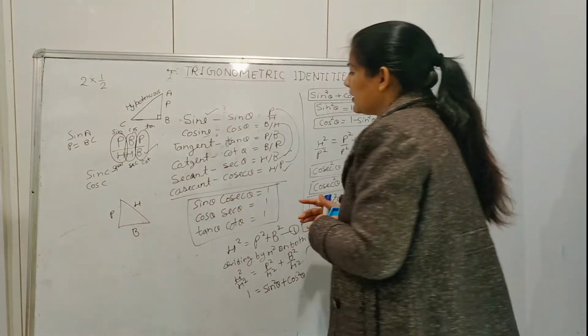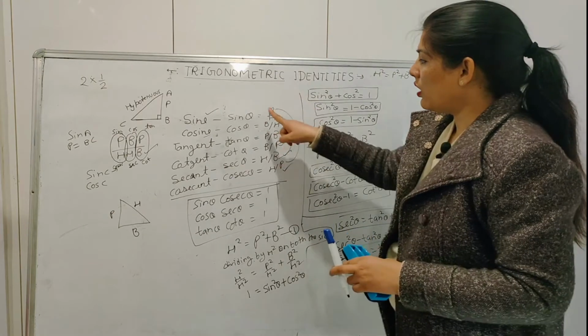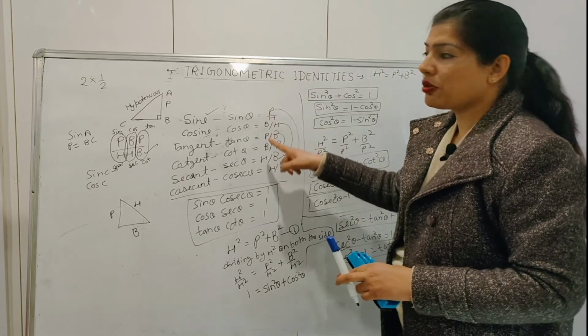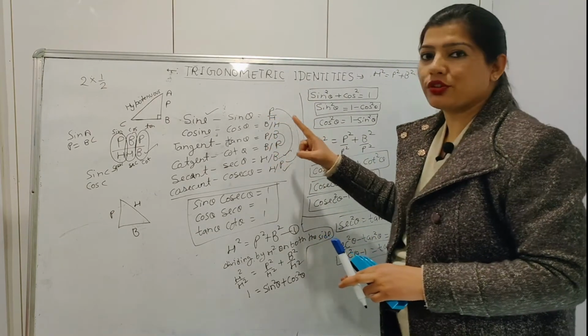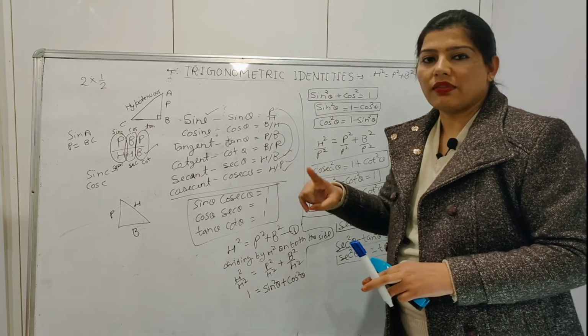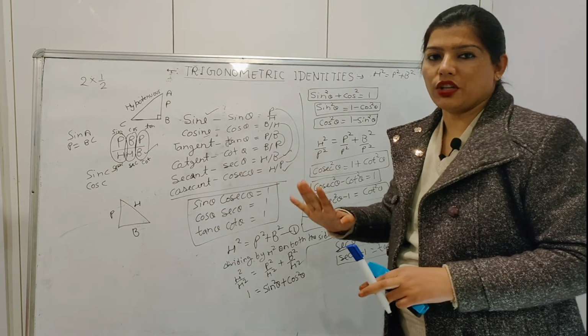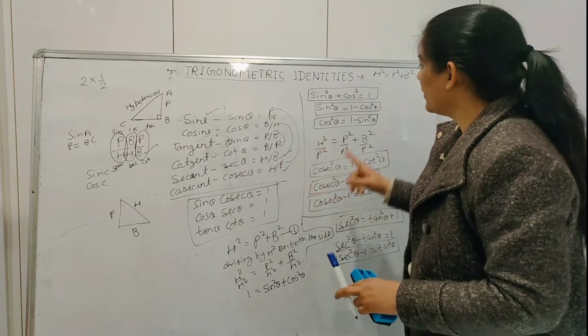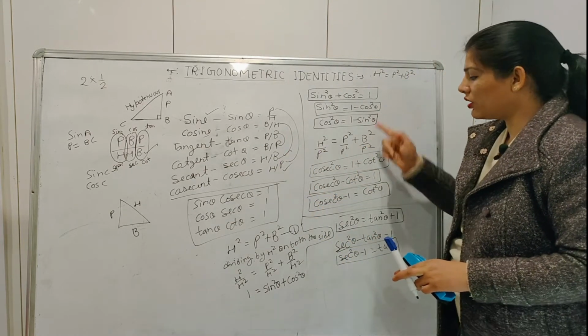First we'll discuss the question on trigonometric ratio. In these types of questions, one of them will be given and we have to find the other 5 ratios. After that we'll discuss the questions on these identities.